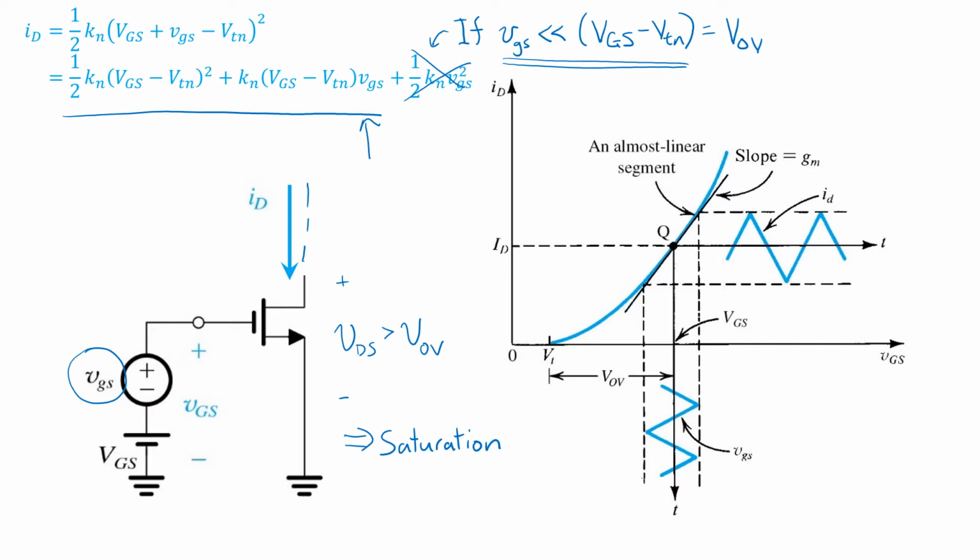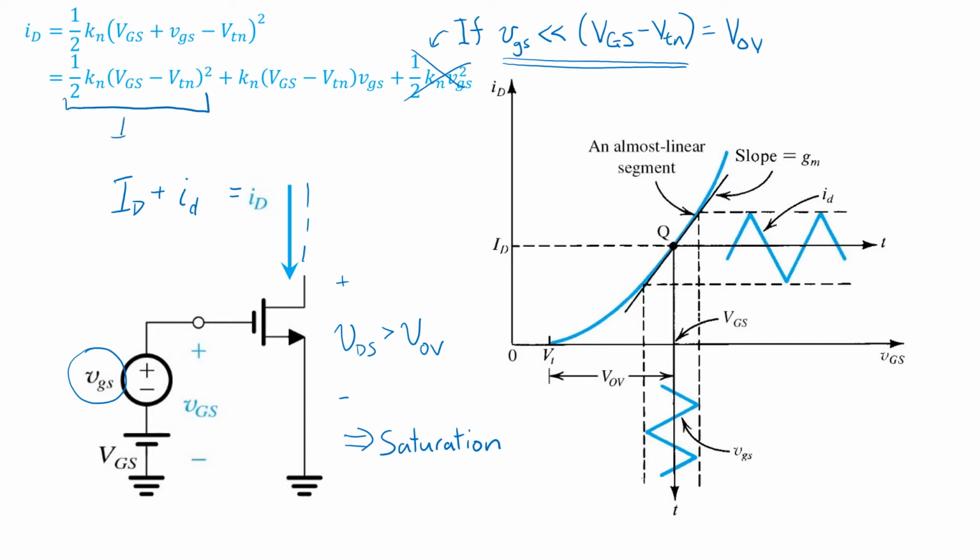Now the drain current that results here can be thought of as having two parts. A DC operating point part with all uppercase ID, and a small signal part, all lowercase id. And you can clearly see those two terms in this expression here.